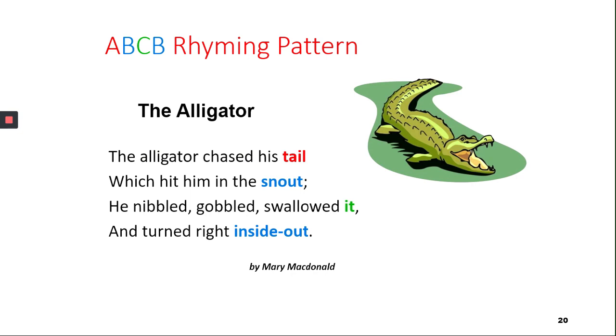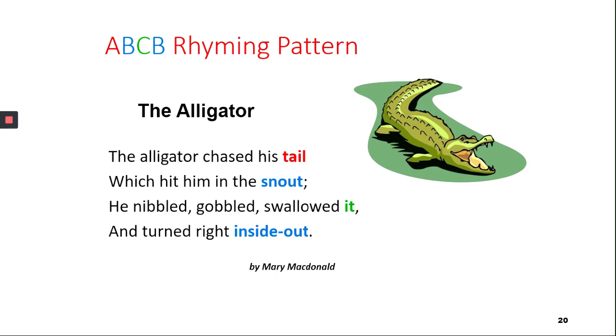And last but not the least is the ABCB rhyming pattern. And the stanza I have is the poem Alligator by Mary MacDonald. And it goes, the alligator chased his tail, which hit him in the snout. He nibbled, gobbled, swallowed it, and turned right inside out. So line 1 has only one on it.